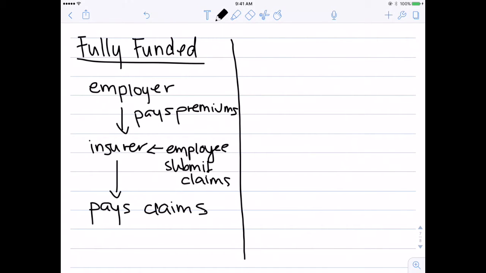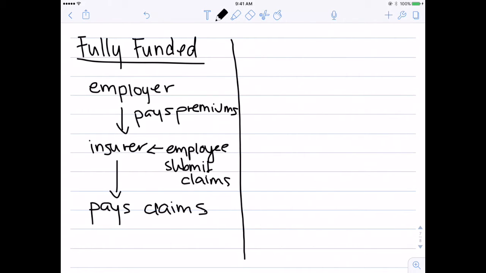Your premiums are based on what the experience of the group or of a similar group has been, or on what the insurance company would reasonably expect your group to submit for claims. It's not necessarily going to be the case, though, that your employees are going to submit those claims. In fact, it's very common in group insurance to have too much premium paid versus the amount of claims actually submitted. When that happens, it really means that you as the employer have paid too much.